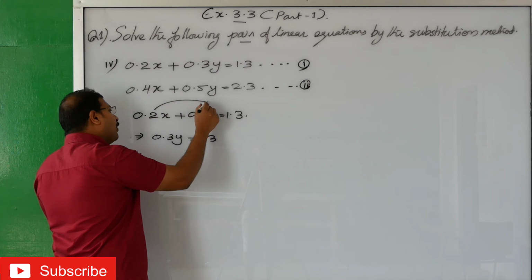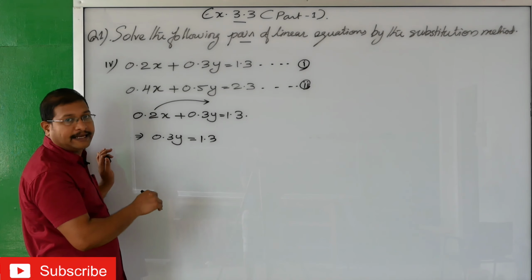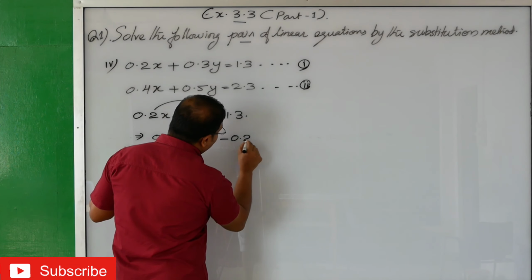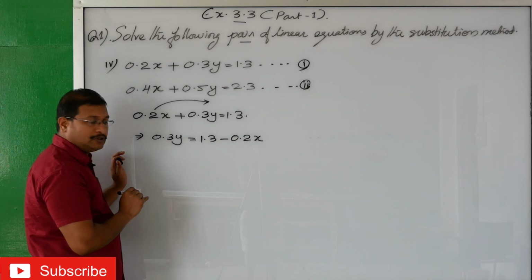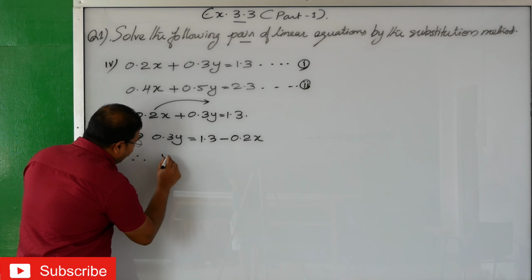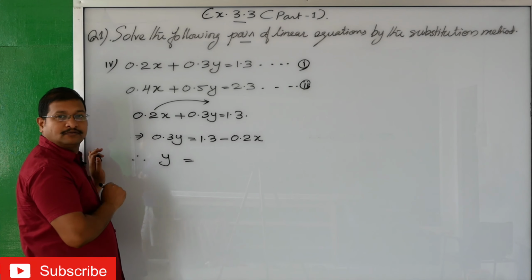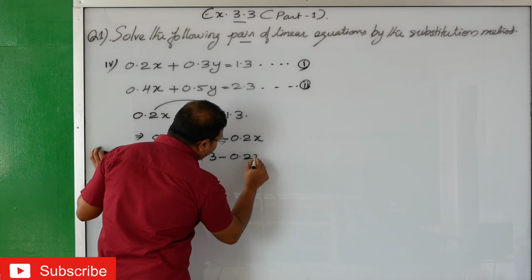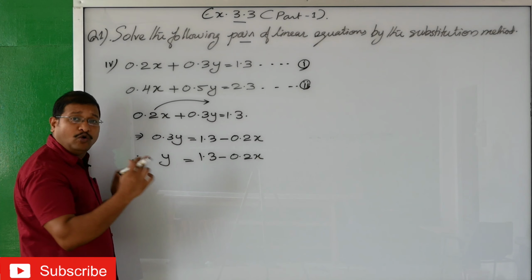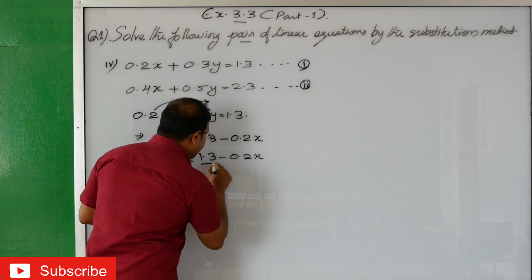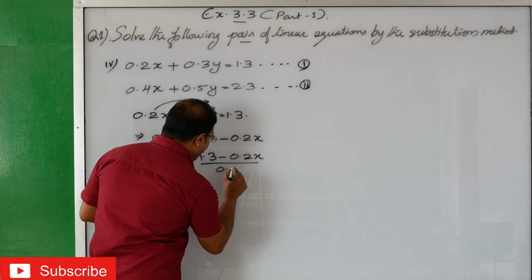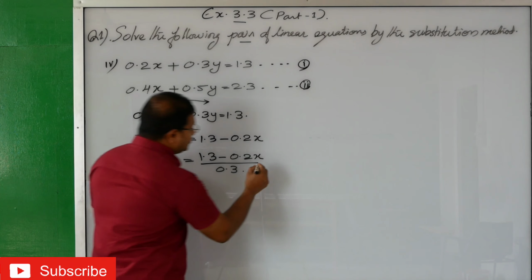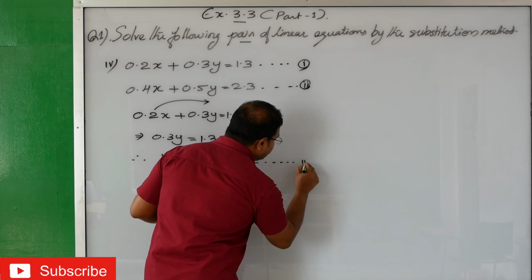Now this 0.2x will carry to the next side, then it will be minus 0.2x. Ready? Therefore, the value of y equals 1.3 minus 0.2x, and this multiplication goes to the next side, divided by 0.3. Is it okay? This is equation number 3.